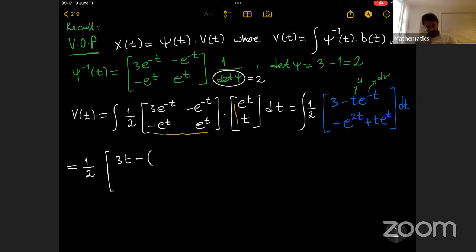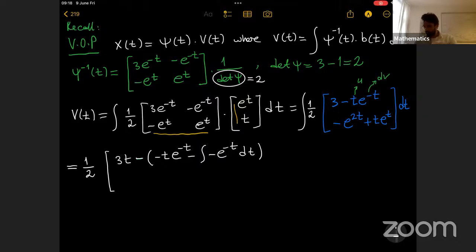And u times v, which is minus t times... u is t, but v is minus e to the minus t. So this is u times v minus the integral of minus e to the minus t dt, right? Like this.